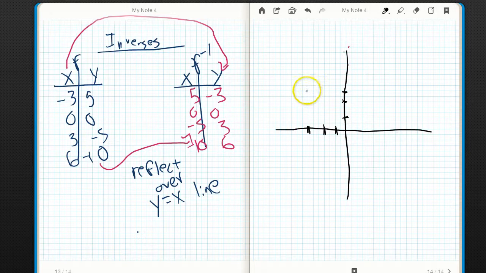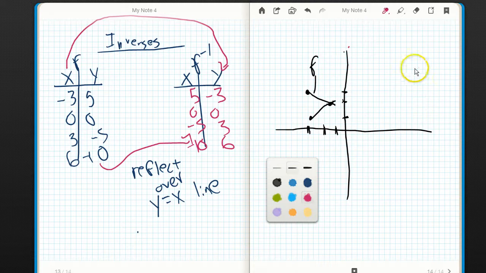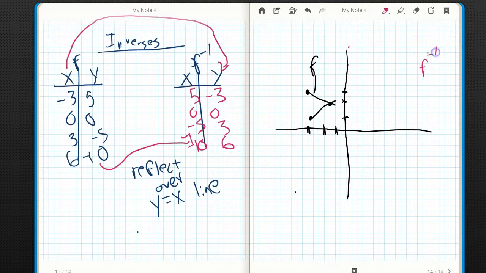Alright. So let's say we have this function or this graph. It goes, let's see. Oops. Come on now. Alright, it does this. Okay. So we need to find the inverse. So if this is our f function, we need to find our f inverse.